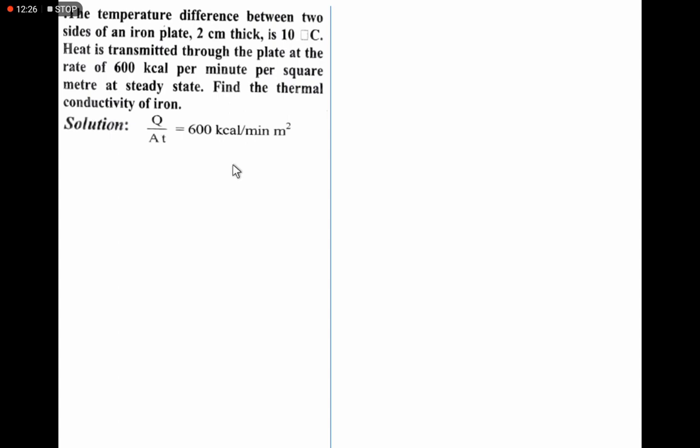Whatever. So here per minute we have to convert into seconds. So this becomes 600 divided by 60 kilocalories per second meter square. This is 10 kilocalories per second meter square.